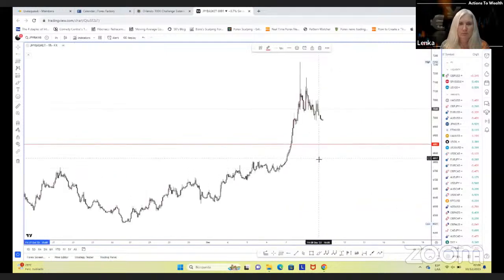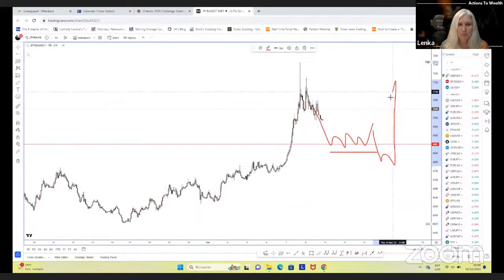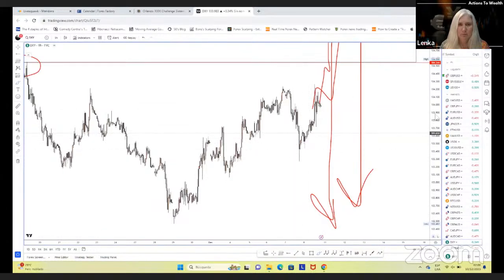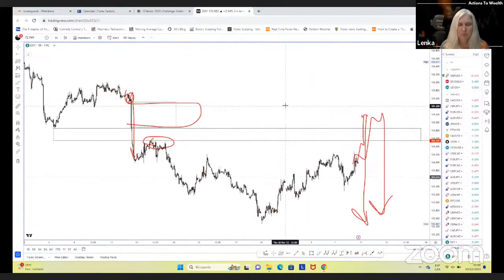So I am waiting, for the open, for price come back down here, create that trap, create that liquidity, and then come back and look for longs lower. But this is far from being complete. So my main focus is shorts on the US dollar, as I already told you before. Have a great week and trade safe.